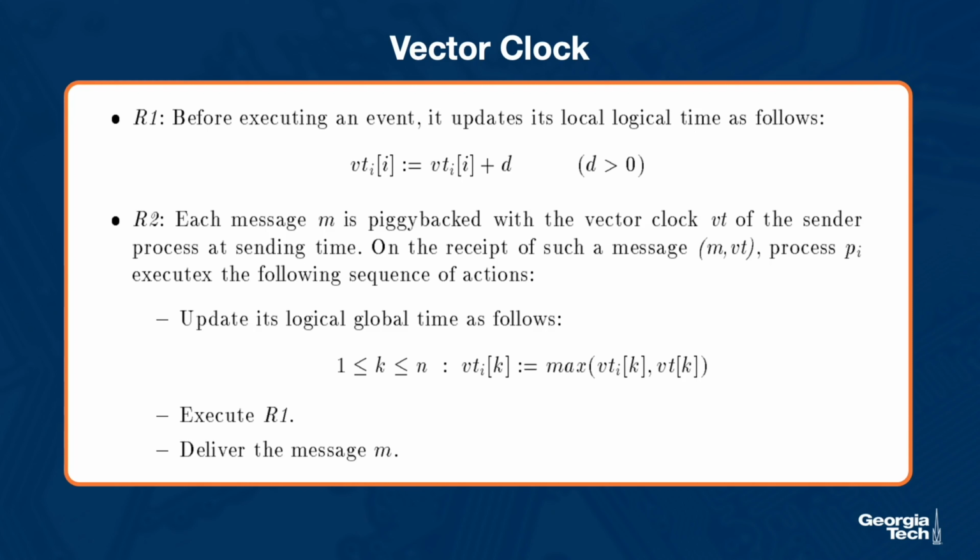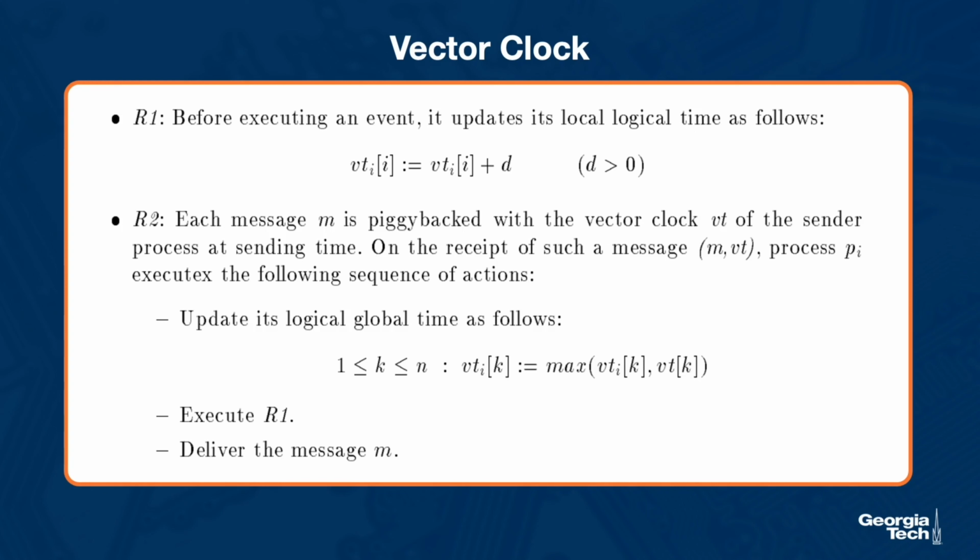In that sense, pi will advance its own time by updating the ith element of its vector clock, but will also update the remaining elements in the vector clock and therefore will get an updated view of what else is happening in the system. And it will rely essentially on the sender's view.